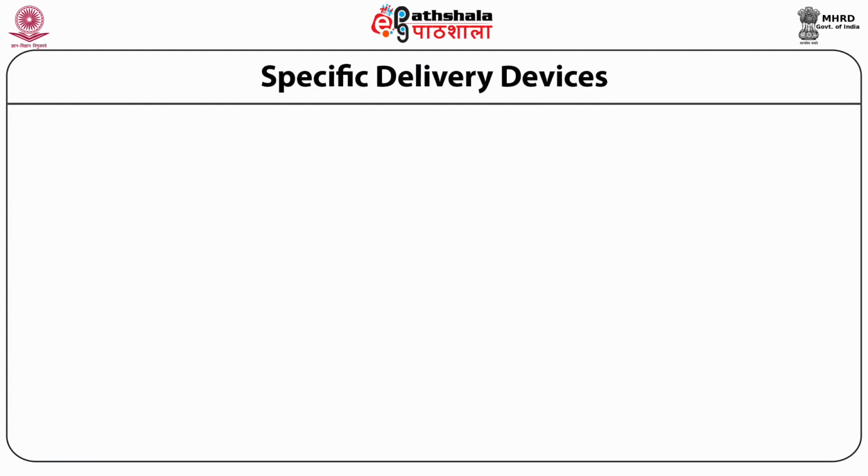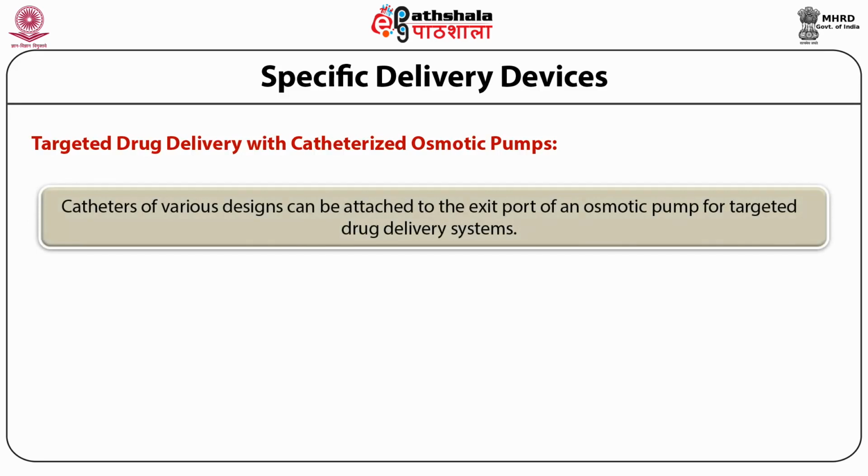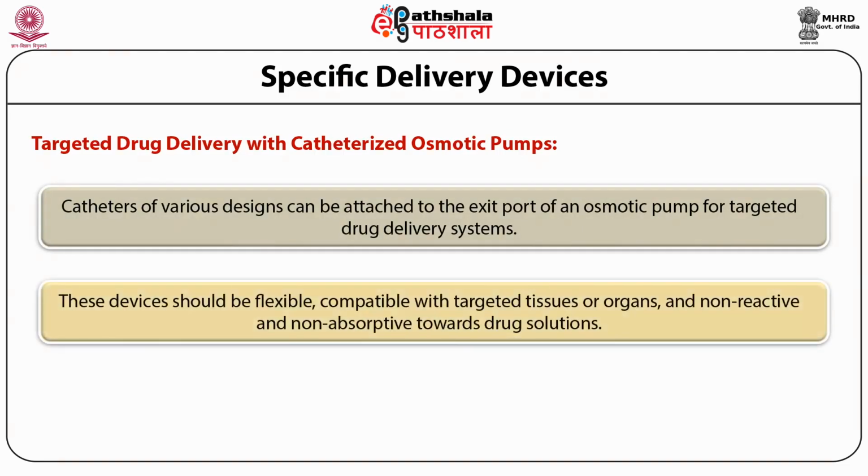Now the next one is the targeted drug delivery system with the catheterized osmotic pump. So it is used with a catheter. Catheters of various designs can be attached to the exit port of the osmotic pump for targeted drug delivery. These devices should be flexible, compatible with the targeted tissue or organ, and non-reactive and non-absorptive toward the drug solution itself.